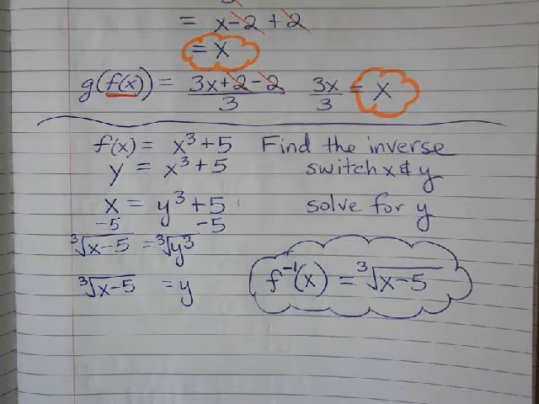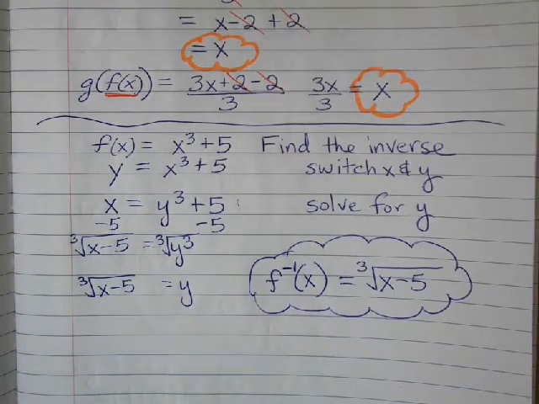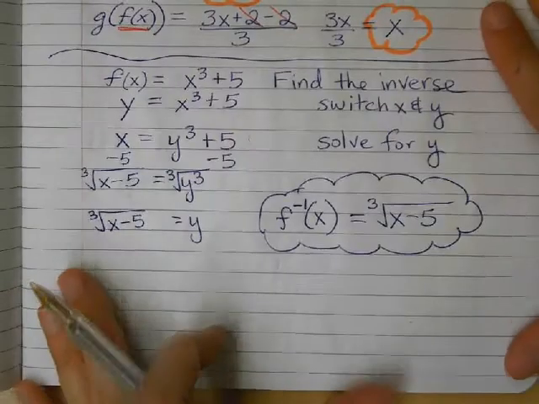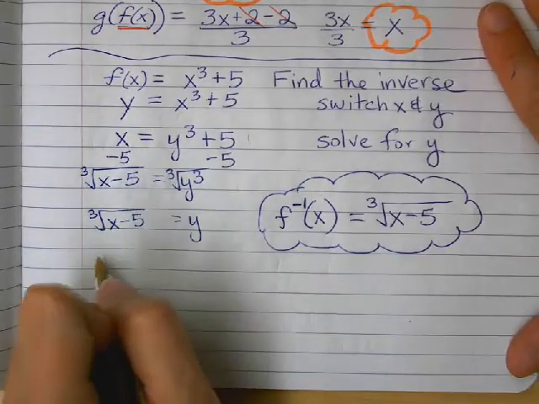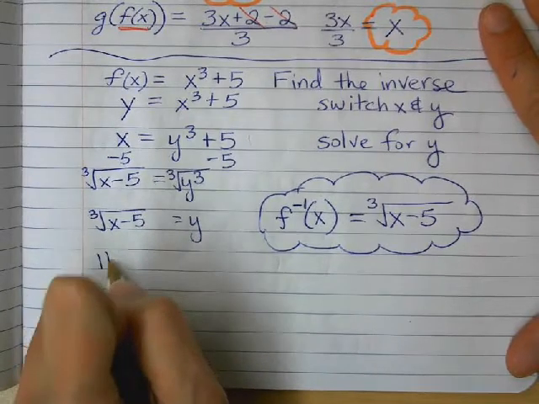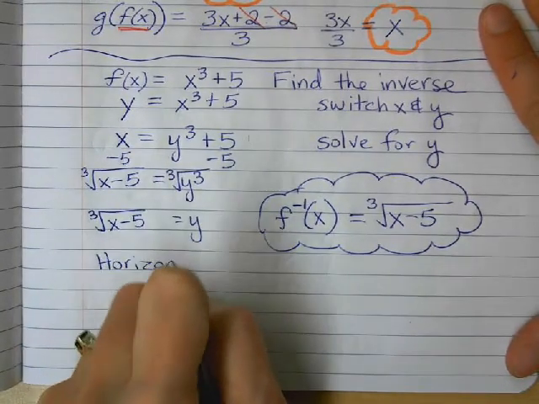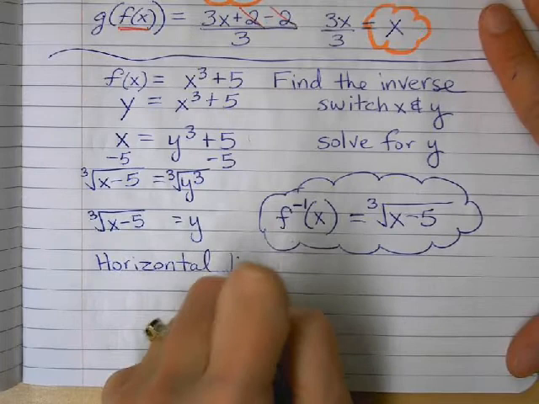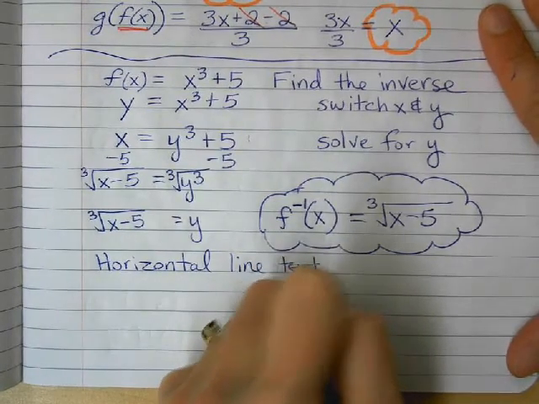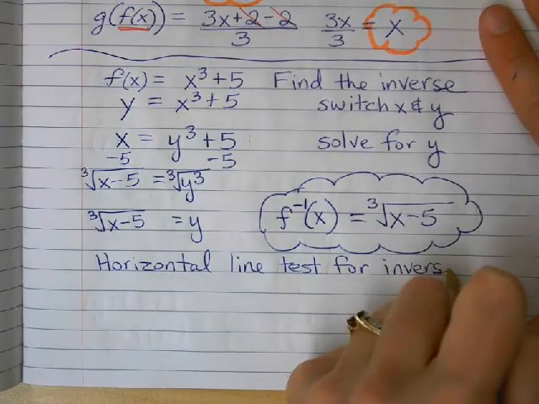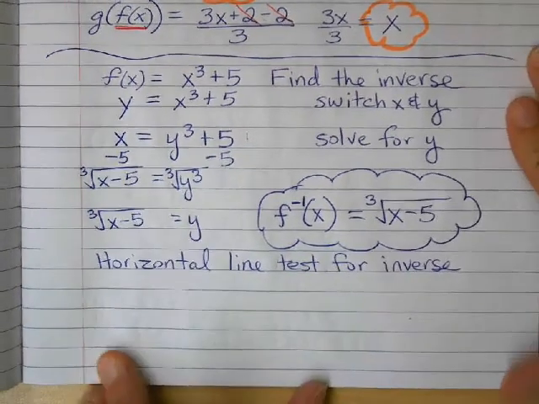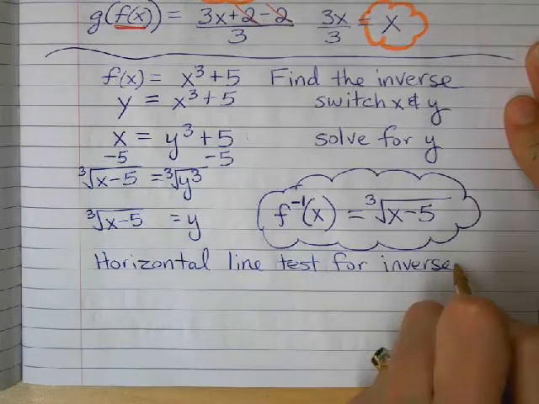Okay, and then what about graphs? You can actually tell if graphs are going to have an inverse. To tell if a graph has an inverse, it has to pass the horizontal line test. There's a thing called the horizontal line test for inverse functions.